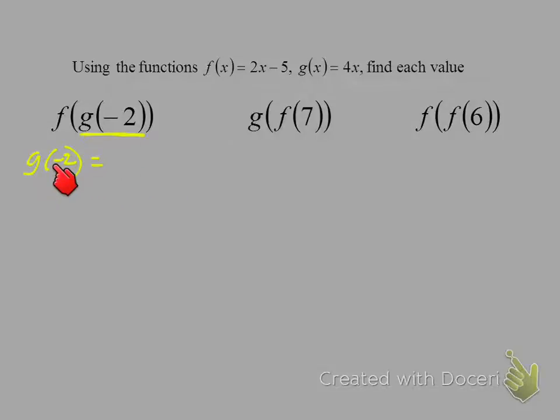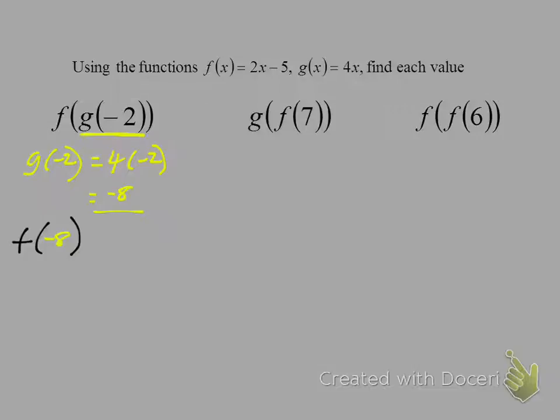We take negative 2 and plug it into g of x, which means we multiply it by 4. So 4 times negative 2 gives us negative 8. See how g of negative 2 equals negative 8? So now you can substitute negative 8 in for that, and you go f of that negative 8. You take the first result, plug it into your next function.